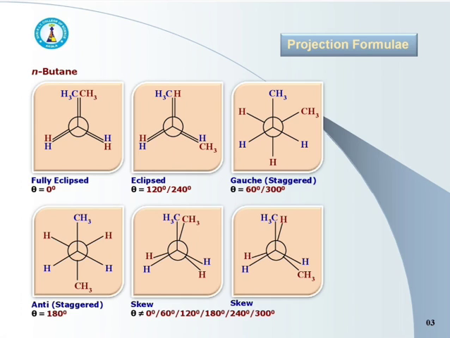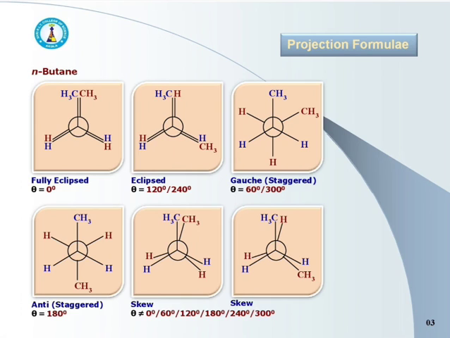In case of third and fourth conformation, bonds of back carbon atoms are seen exactly between the bonds of front carbon atom. Hence, both third and fourth are staggered conformation.